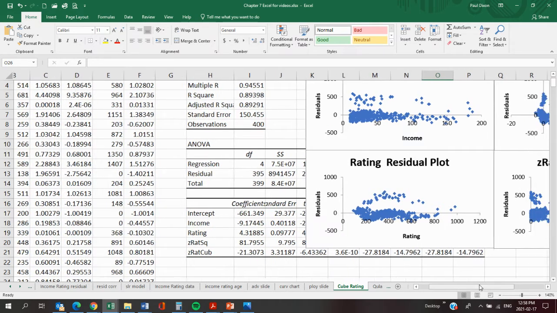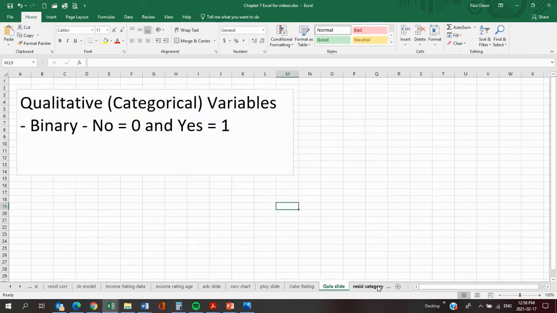So there, I'm going to want to look at my qualitative variables. So these are categorical variables, and if some of them are binary, you're a student or not a student, you're married or not married, you're male or you're female.